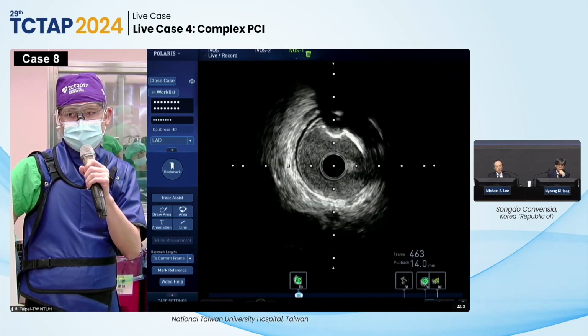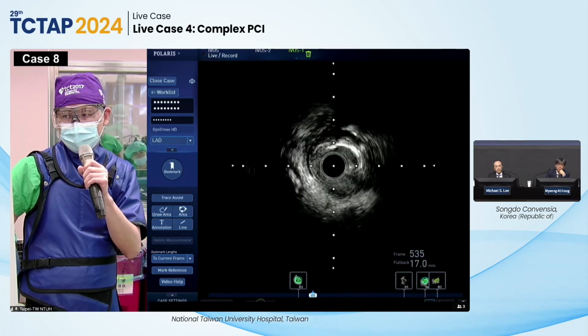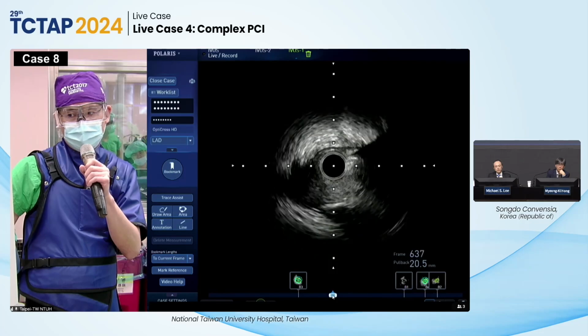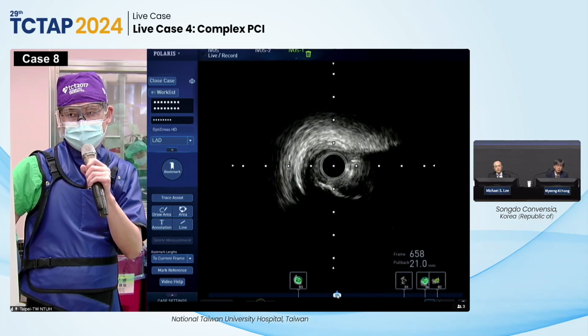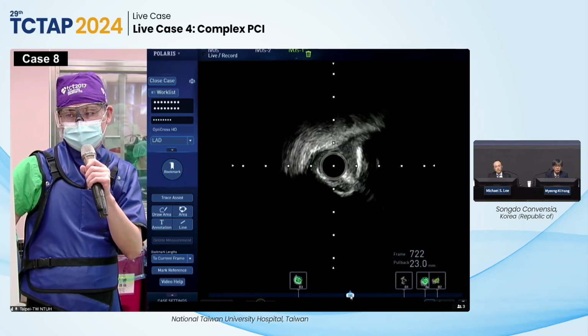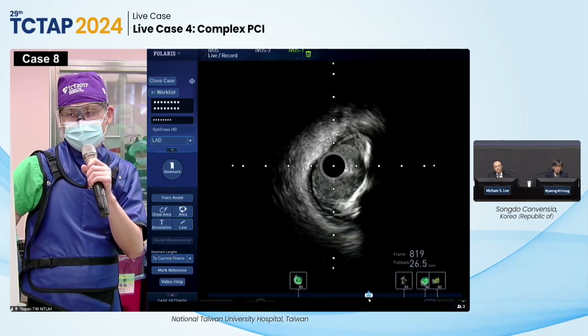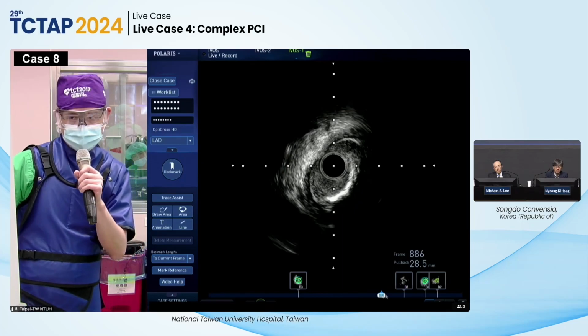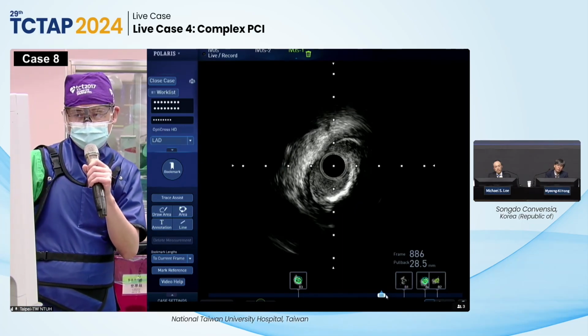Here the vessel size is around 3.0. As we are approaching the left main bifurcation, the LAD proximal part is severely diseased, very critical. The calcification itself is not very severe. There's no napkin ring of calcification.